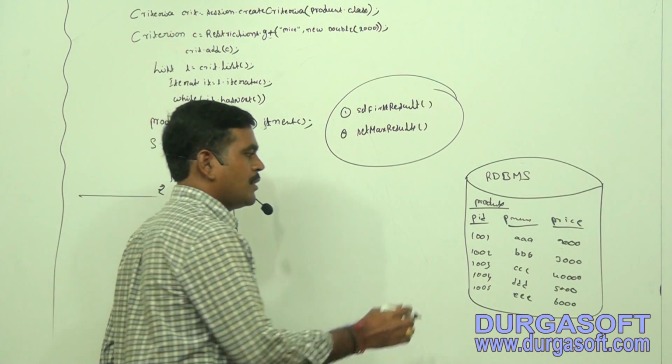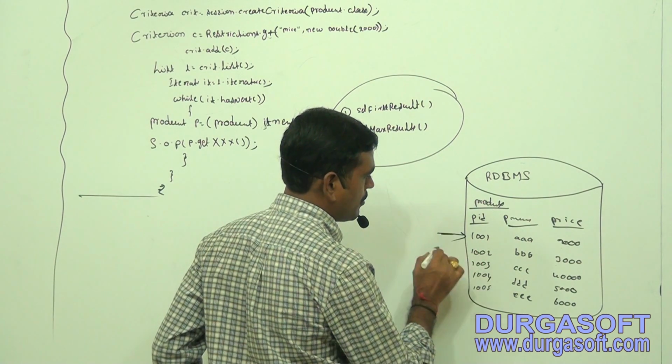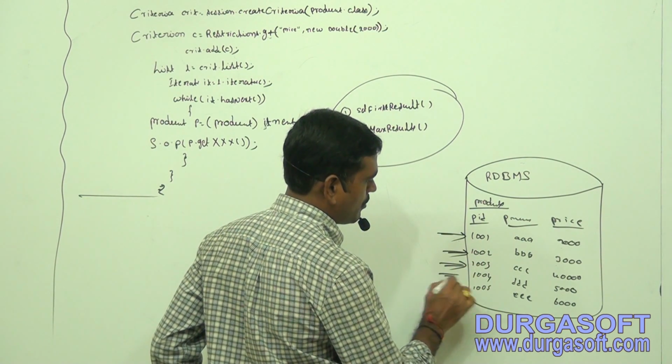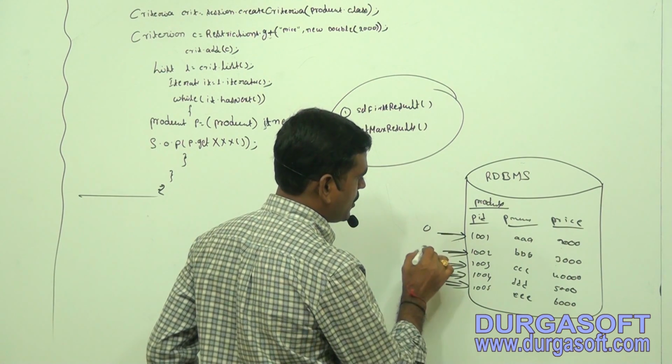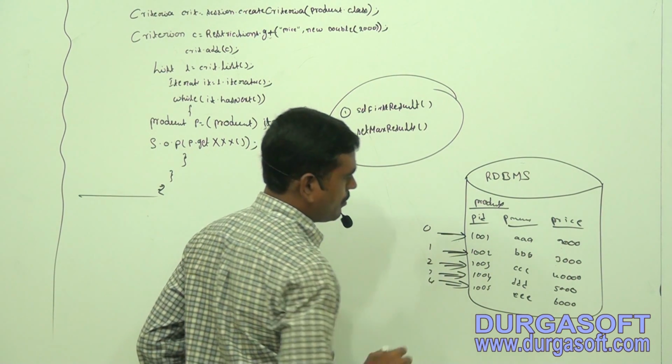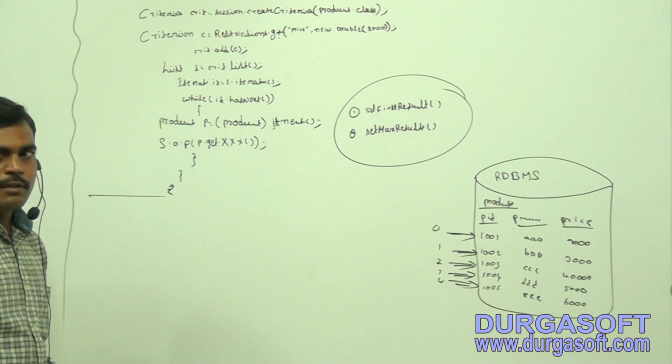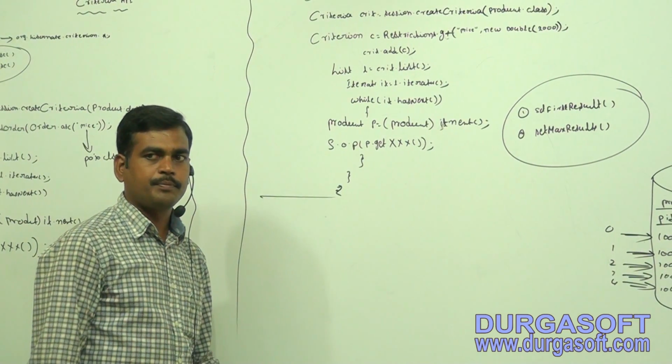So now this is the 0th position: 0, 1, 2, 3, 4. So according to our requirement, we can print the records.